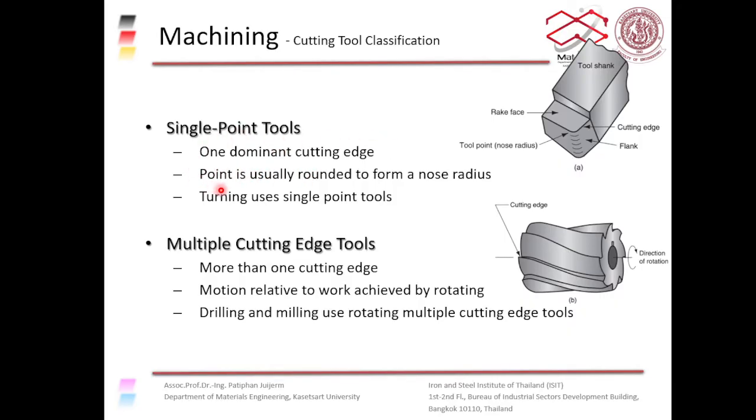The point is usually rounded to form a nose radius. It looks something like this. You have this cutting tool here, and a nose radius here, and you're actually using this nose to cut into the piece of material. You're not using the whole face of the cutting tool, just this bit here.